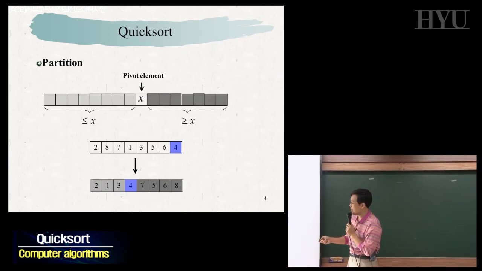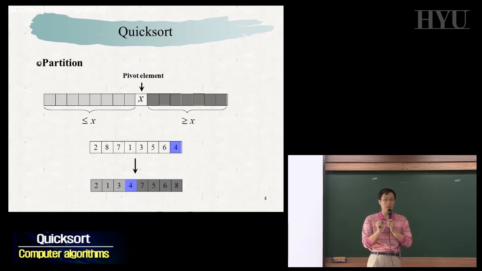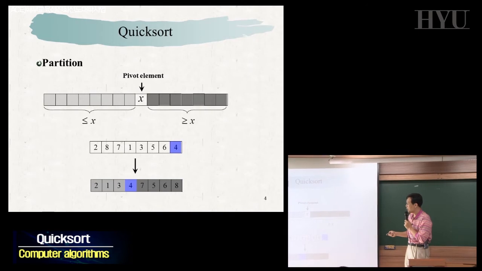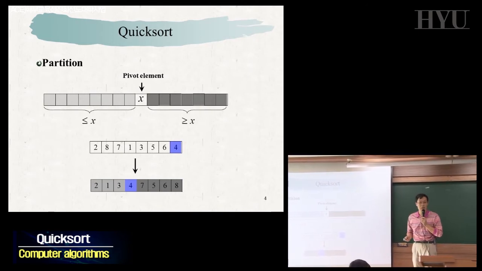Let's see this example. Usually, in the partitioning process, we select a pivot element from the partition. Usually, the rightmost element is selected. In this case, 4 is in the rightmost position, so it is selected.